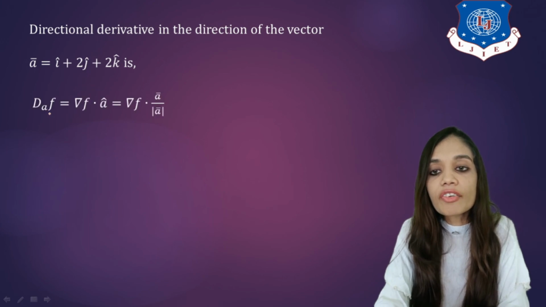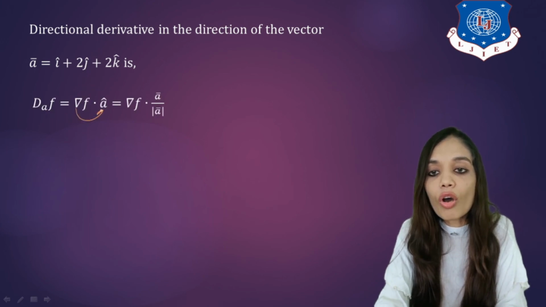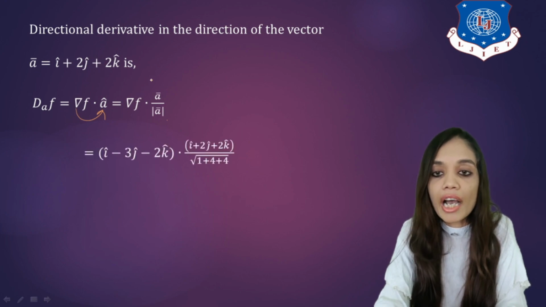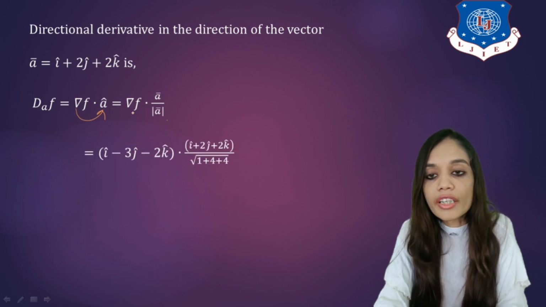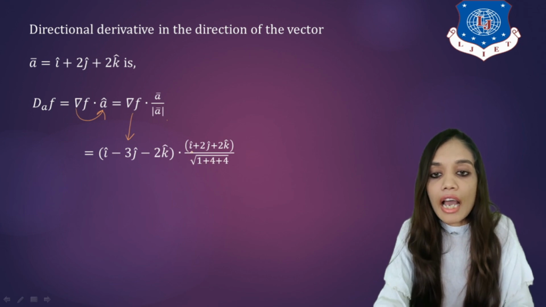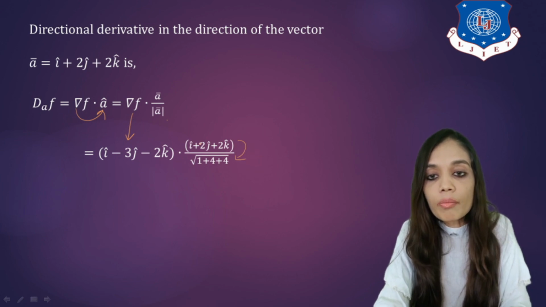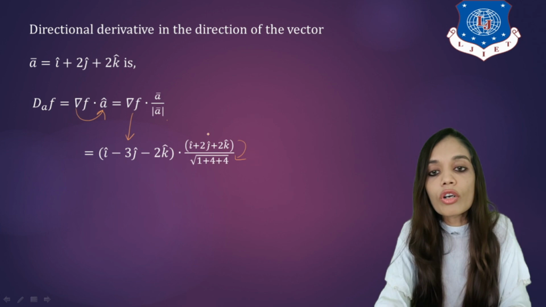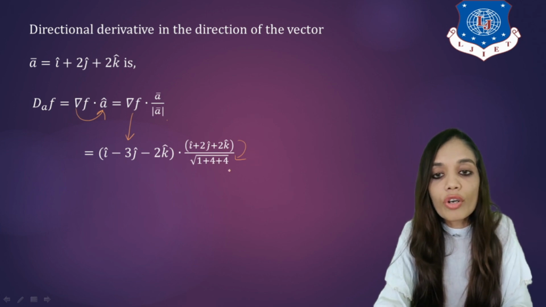So the directional derivative is given by gradient dot a cap, that is equal to gradient dot a bar upon mod a bar. Now let us put all the values. Our gradient is i cap minus 3j cap minus 2k cap, dot a bar, which is i cap plus 2j cap plus 2k cap, upon the length of this, which will be equal to square root of 1 plus 2 square, that is 4, plus 2 square, that is 4 again.